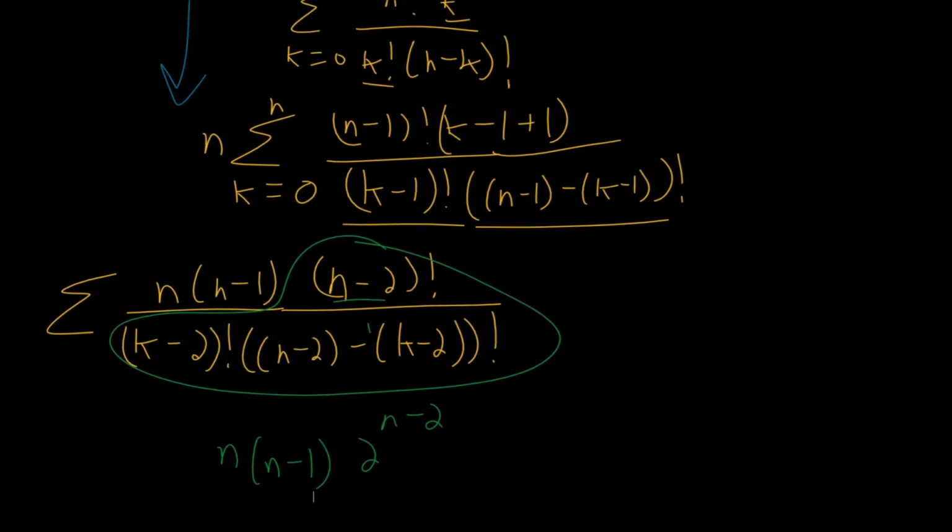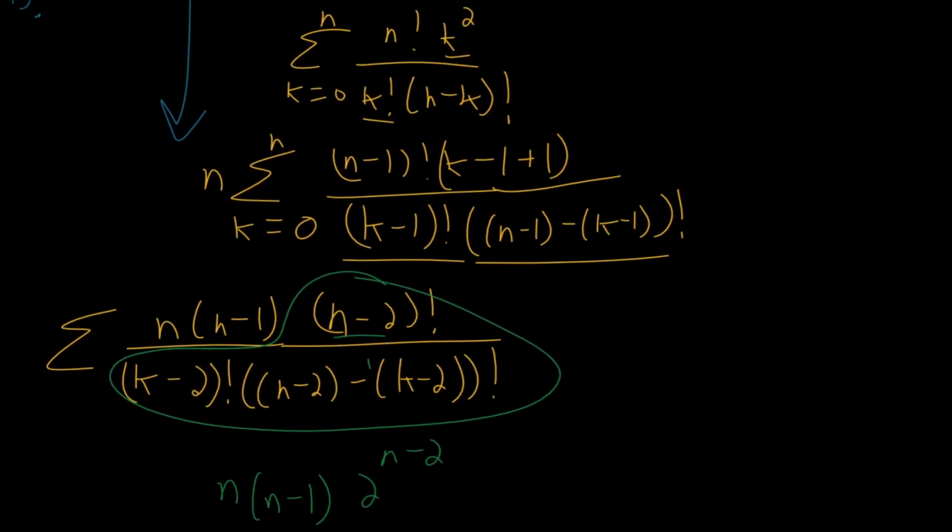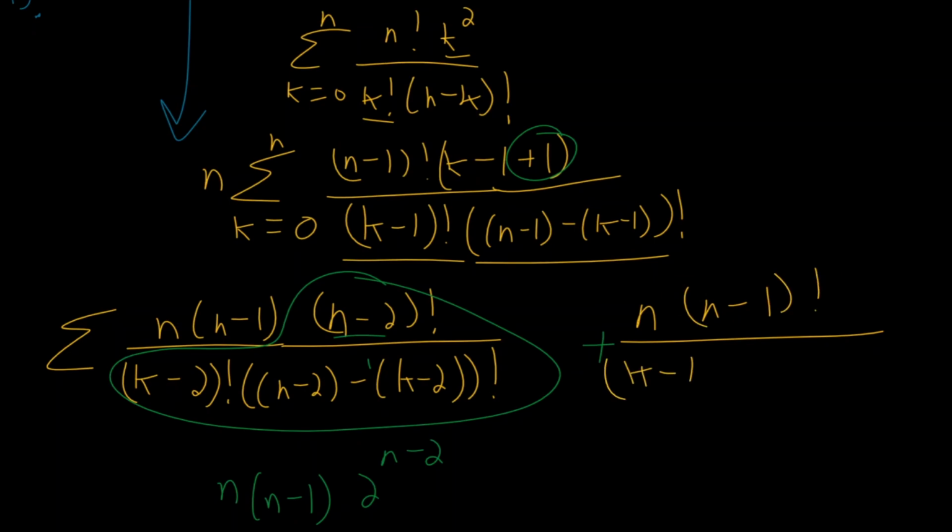But we can't forget about this extra plus 1 right here. So let's think about what that is. So we have a plus, I'll keep doing this in yellow, still our sum. N times n minus 1 factorial divided by k minus 1 factorial, and then n minus 1 minus k minus 1 all factorial.